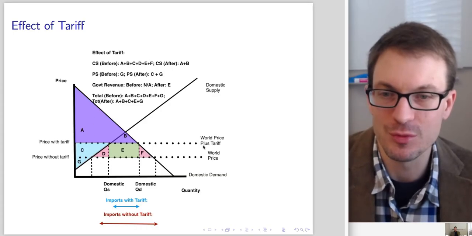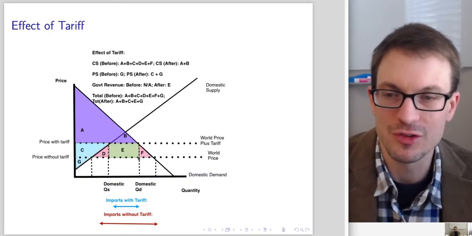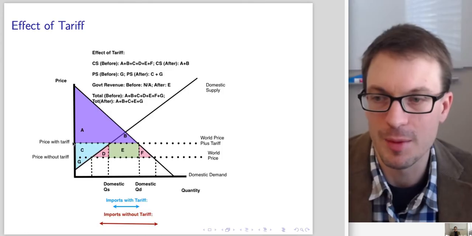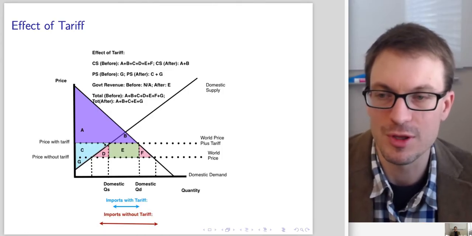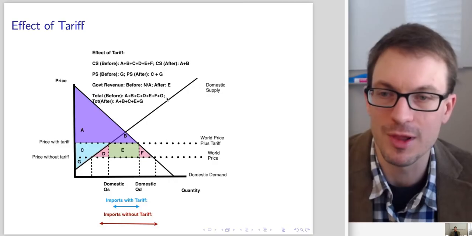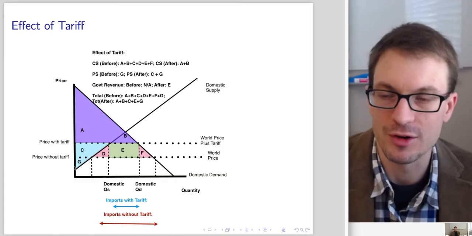We're going to add a tax on imports. This is going to raise the price that foreign producers are able to sell their good at, up to a level that more domestic producers can compete with. So now this is going to be the market price. What's going on here? Well, remember the supply curve. Domestic supply is giving us the costs of domestic sellers.